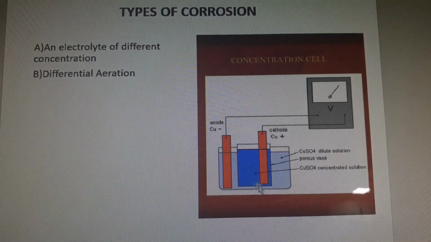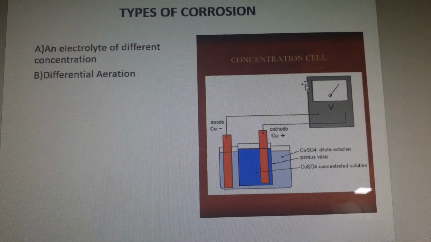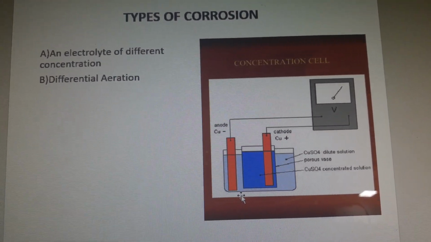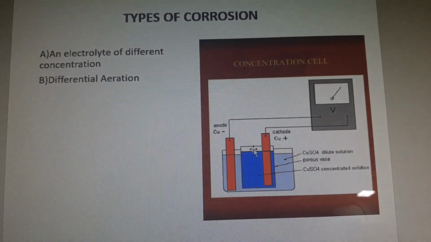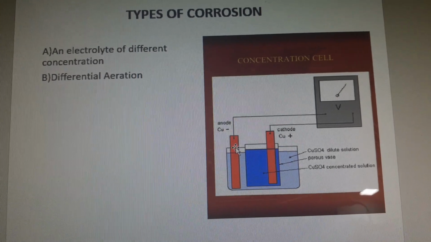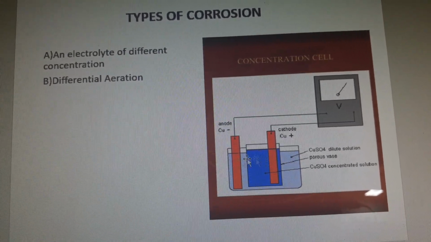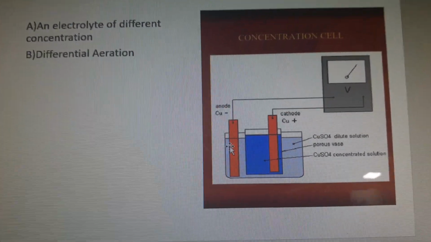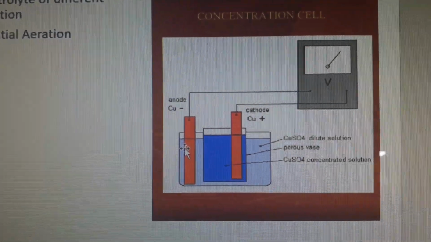Now what does this diagram tell you? In concentration cell corrosion we have electrodes of the same metal. As in this figure, it is made up of copper.